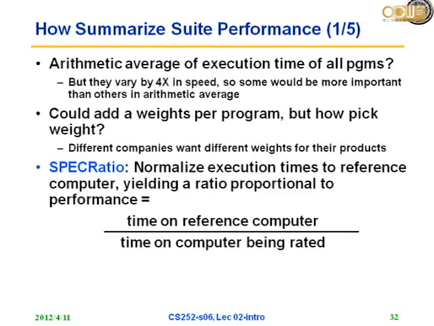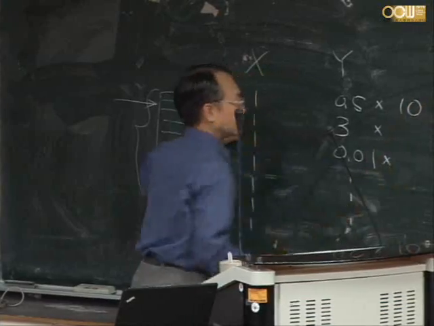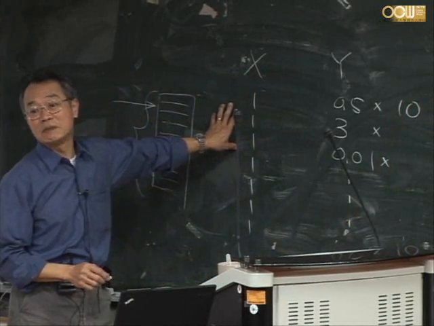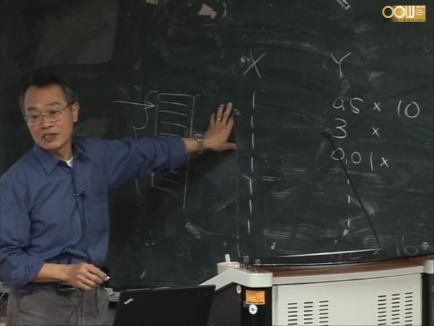We can do the arithmetic average of execution time of all programs. But when we do that, we need to add in another flavor, which is the weighting of the program. For instance, if this program is huge, then maybe we multiply this relative speed by a larger coefficient.